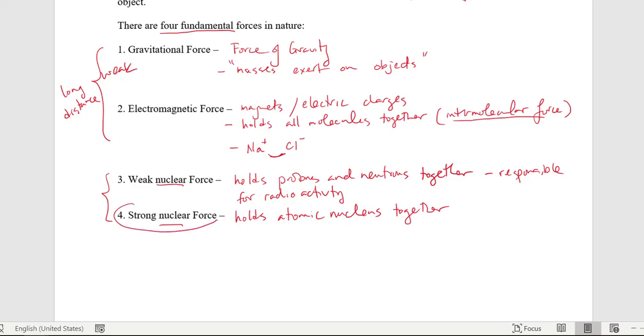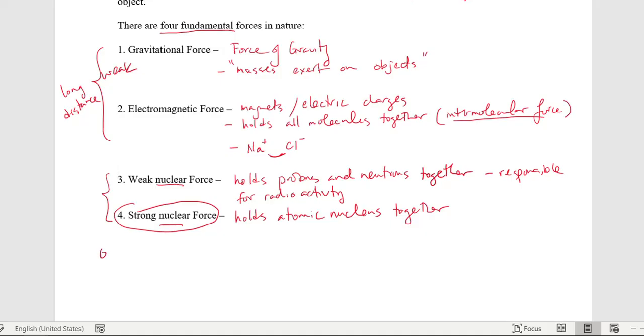So this force itself is about 1,000,000 times stronger than electromagnetic force, and I don't know how many million times stronger than the weak nuclear force, and then gravity is the weakest force of all.